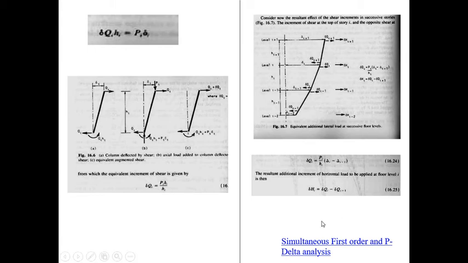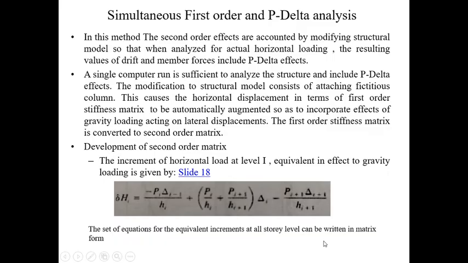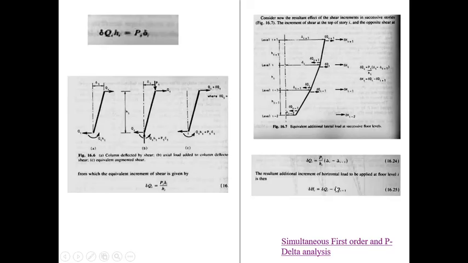So here, this delta H at level i is equal to what we have found out from the first order analysis which we studied before. So here it will be minus Pi delta of i minus 1 upon Hi plus Pi delta i upon Hi plus Pi plus 1 delta of i plus 1 upon H of i plus 1 and minus Pi plus 1 delta i upon H of i plus 1.